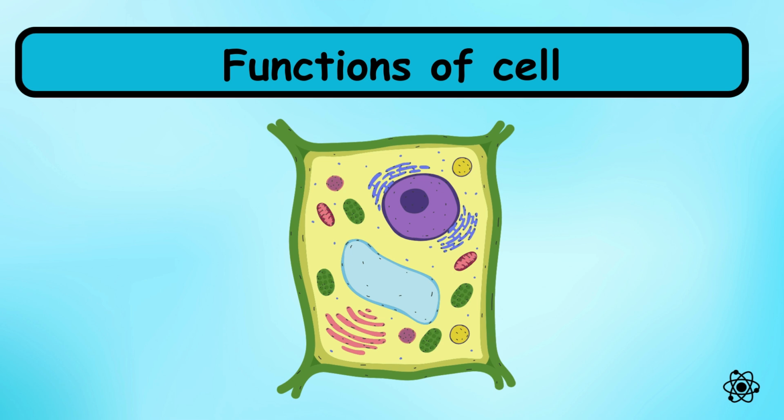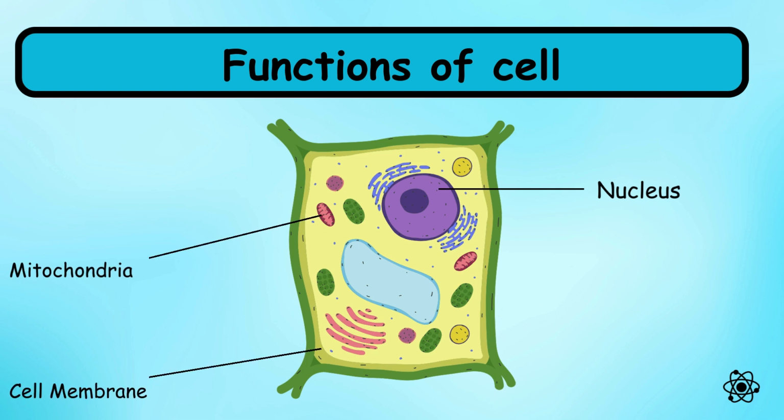Next, we will take a look at the plant cell. Parts of the animal cells that were mentioned previously are also present in the plant cell. This is the nucleus, this is the mitochondria, this is the cell membrane, this is the cytoplasm, and these are ribosomes. The additional organelles that a plant cell has are shown in red.